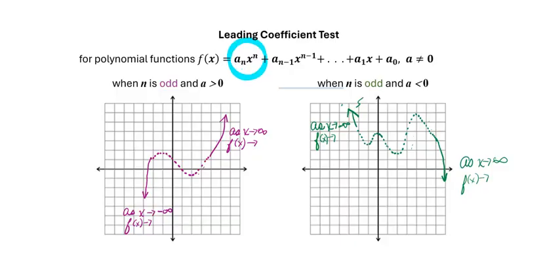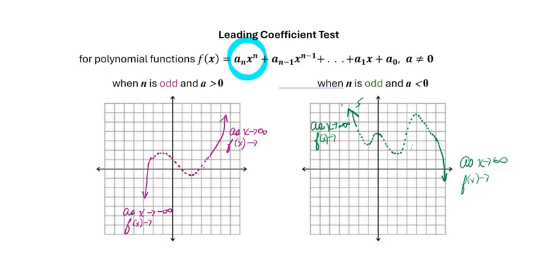In other words, if the degree is n, then a sub n means just the coefficient that goes with that degree. N minus 1 is less than that, and so the coefficient a sub n minus 1 goes with the x to the n minus 1. All the way down to the power of 1, that a sub 1 just means the coefficient that goes with the variable with the power of 1, and then a sub 0 is the constant.